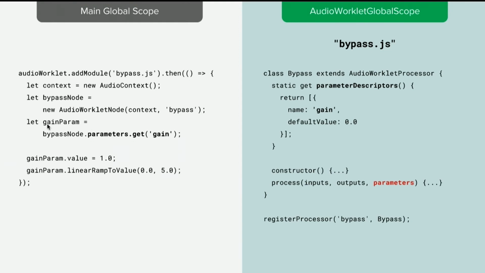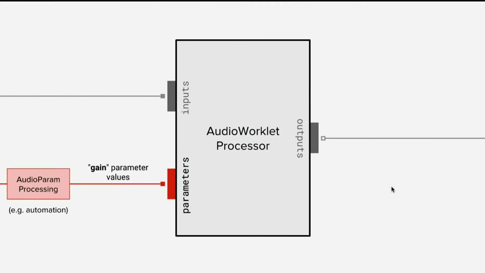Then, like I said, this gain param is just an AudioParam object, so you can do things like this: gainParam.value = 1, gainParam.linearRampToValue(0, 5). And also here, in the process method, the system will give you the parameters data. This is how it works. The AudioWorkletProcessor's process method has 3 arguments: inputs, outputs, and parameters.